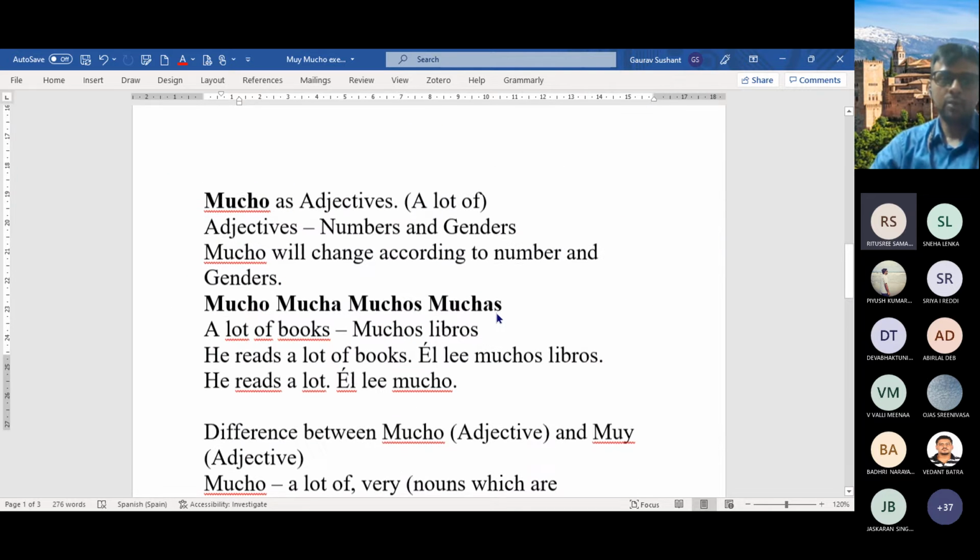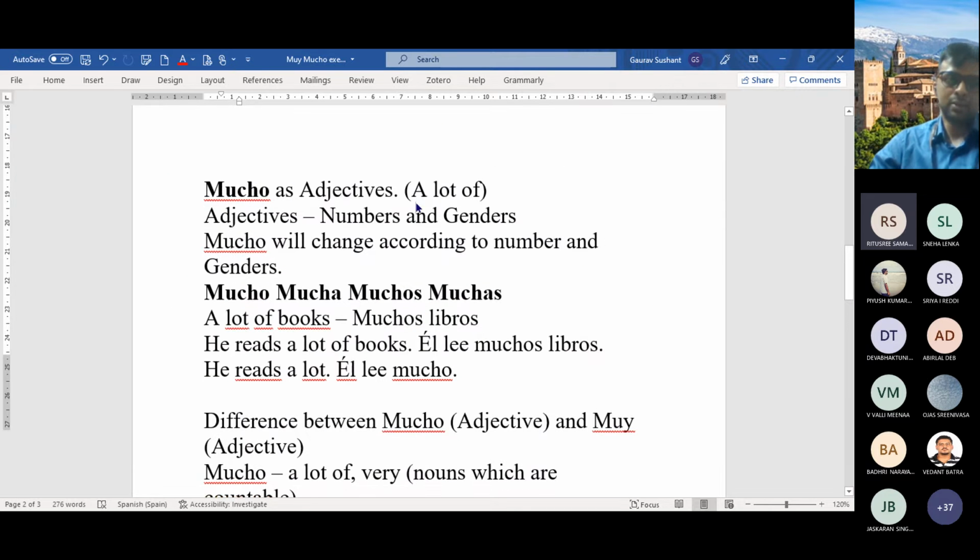Now, when we are using mucho as an adjective, the meaning I have already told you, it refers to a lot of. When we talk of adjectives, two features automatically come to it in Spanish: one is the number thing and another is the gender thing.